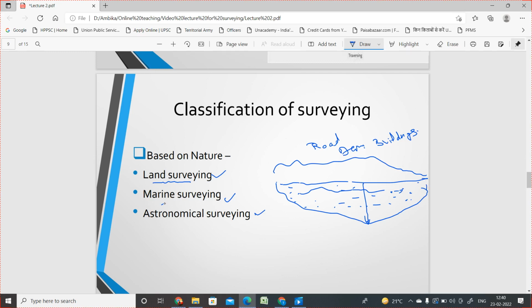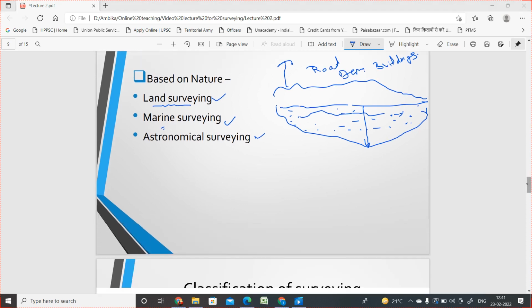Such type of surveying is called marine surveying, that is related to water. In astronomical survey, above the ground we have air and space. So if we do the survey related to the space area, such type of surveying is called astronomical survey. So on the basis of nature we have three types of surveying.